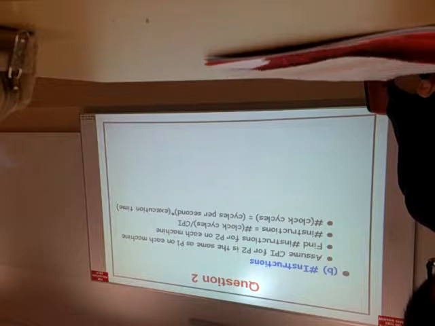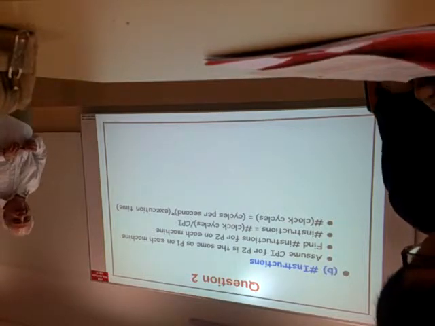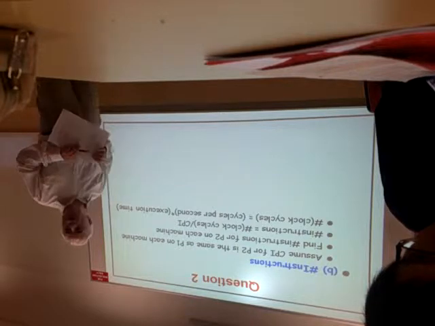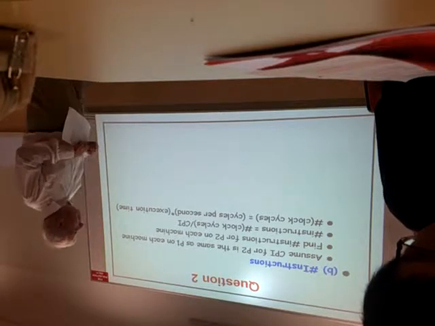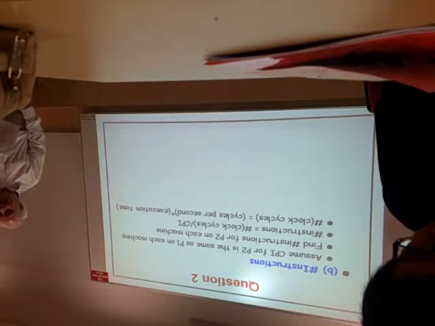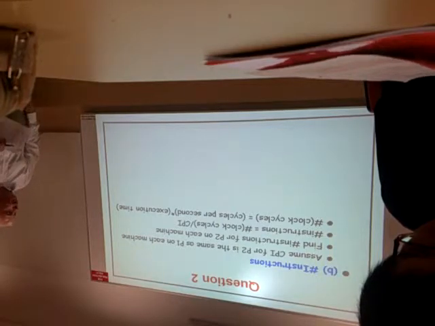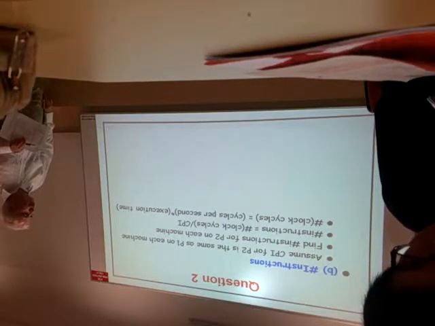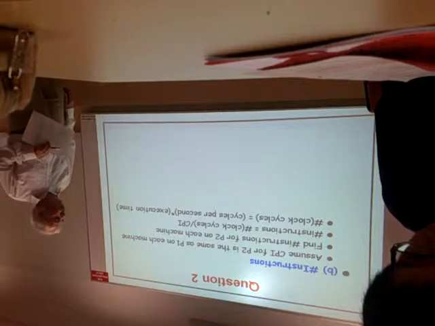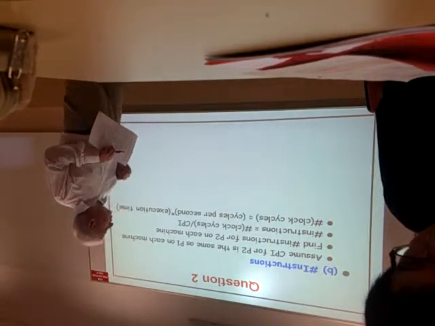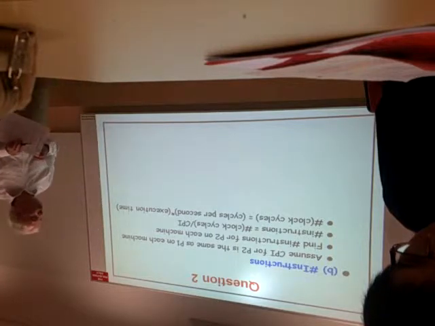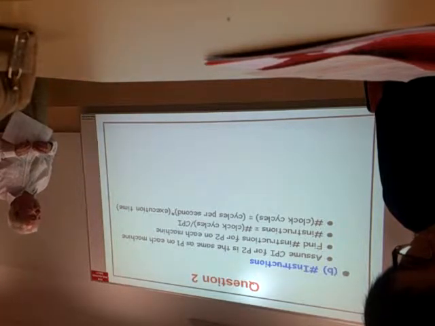So, for section B of the question, we're told that we can assume that the CPI for program 2 is the same as the CPI for program 1, P1, on each of the two machines. And we're asked to find the number of instructions for P2 on each machine.